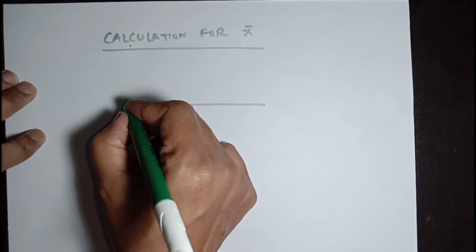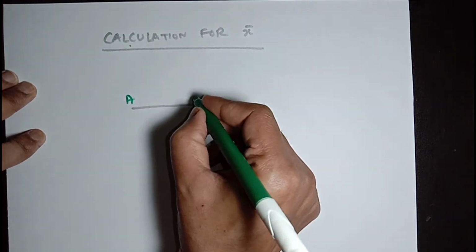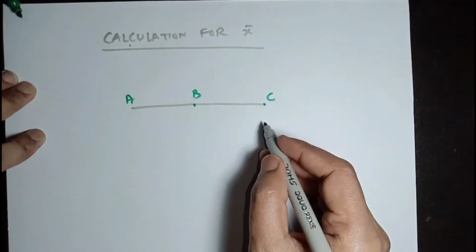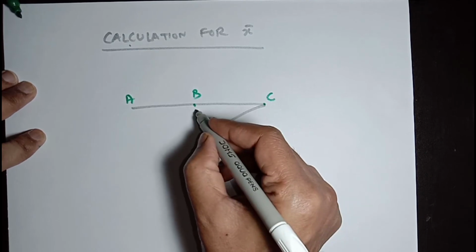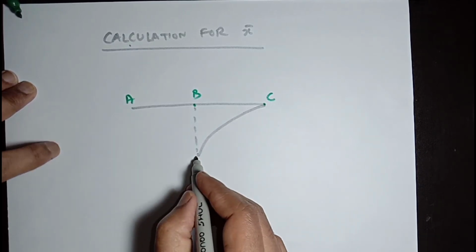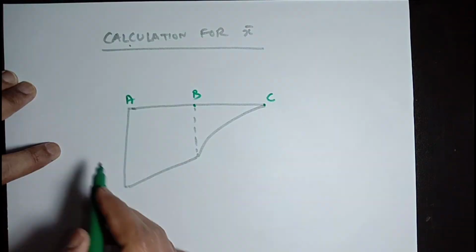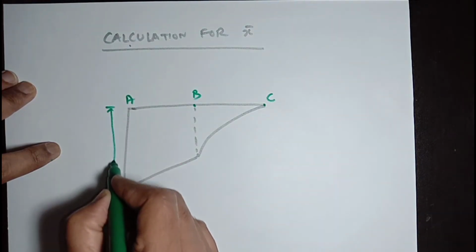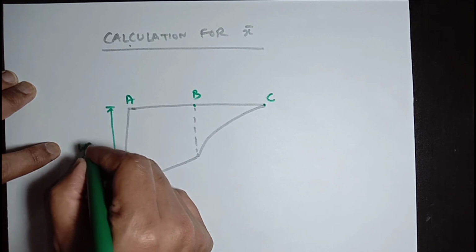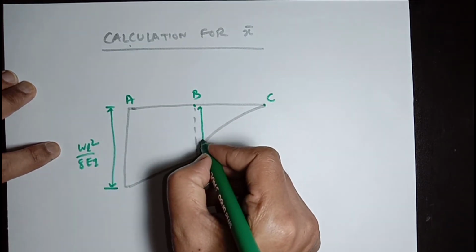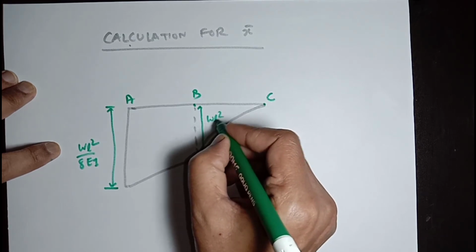This is the base of this beam. The fixed end is A, center of this beam is B, and free end is C, and this part is varying as a parabolic curve, and this is linearly varying, and this value is, as we have calculated, WL square divided by 8 EI.